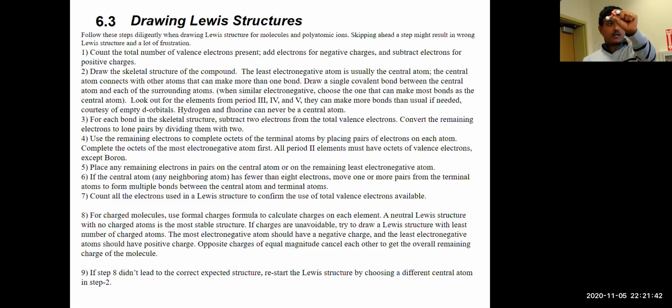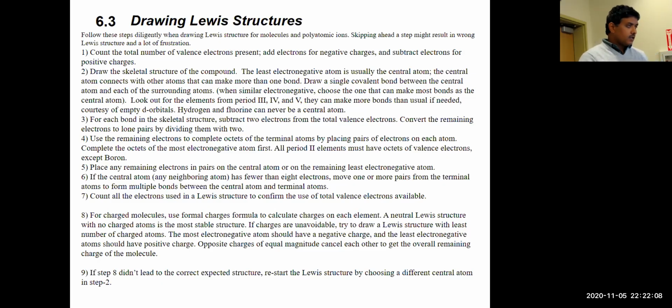Or this structure where oxygen is connected to hydrogen to form water, or this structure like nitrogen connected to 3 hydrogens to form ammonia. How did we come up with these structures? By the end of this lecture, you will be so proficient in drawing Lewis structures that if I give you a chemical formula, you are going to be good at drawing the chemical structure by yourself.